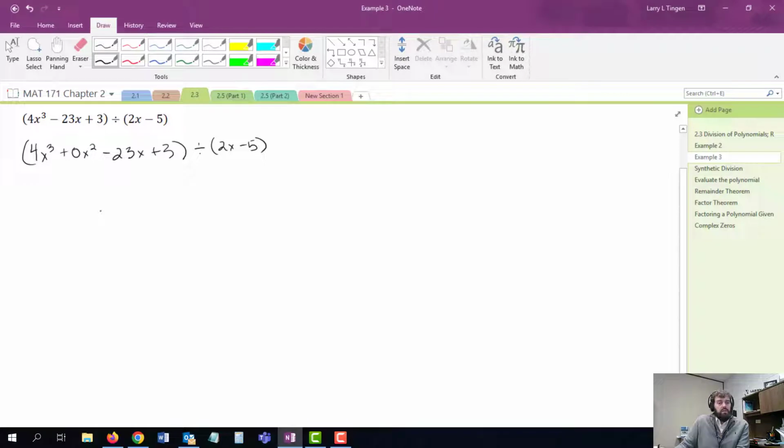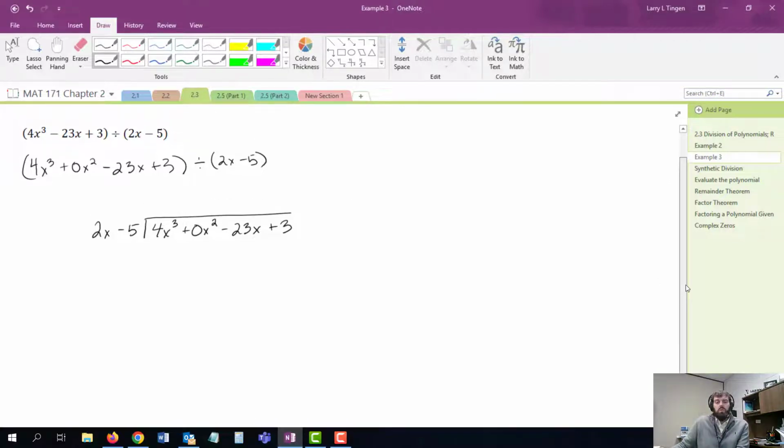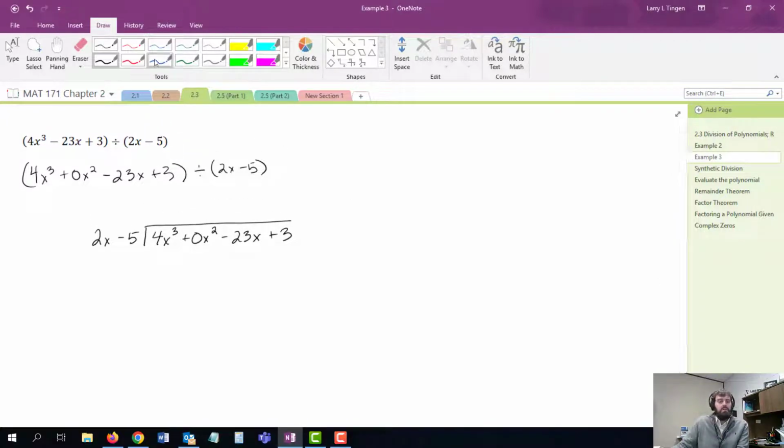So write it up, get it into that long division form. 4x cubed plus 0x squared minus 23x plus 3. I'm going to try to do a more color-coded example here.